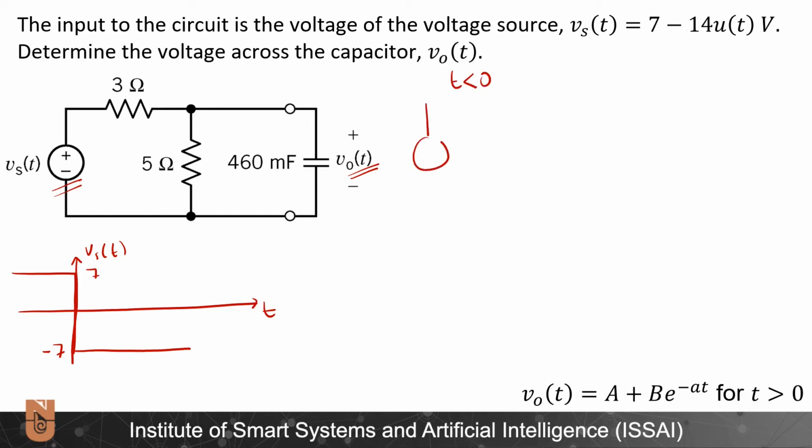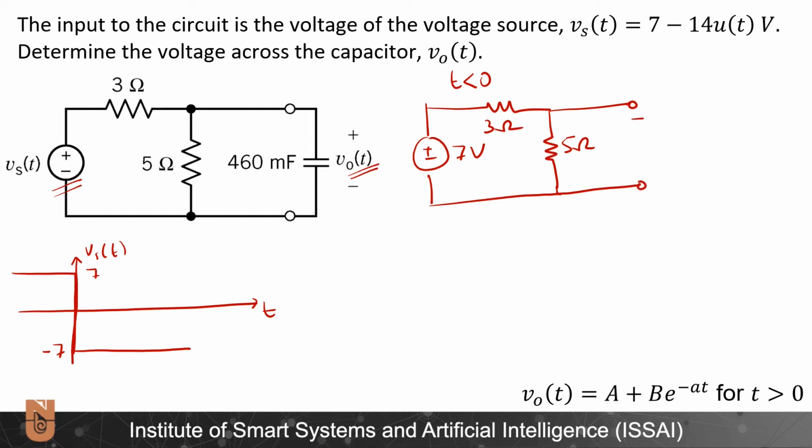Now let us draw the equivalent circuit when t is less than 0. I have here plus minus 7 volts, 3 ohms, and 5 ohms, and the capacitor at steady state behaving like an open circuit, and according to this V output will be equal to 5 over 8 times 7 volts, which is equal to 35 over 8, 4.375 volts.